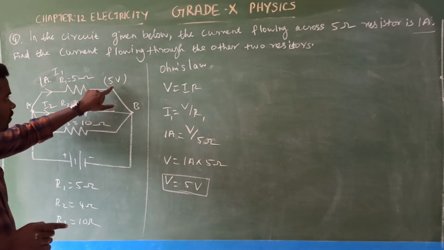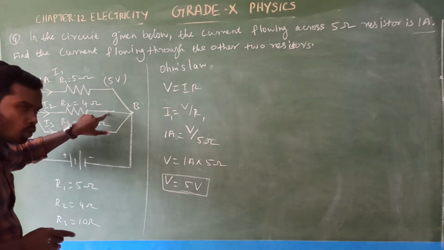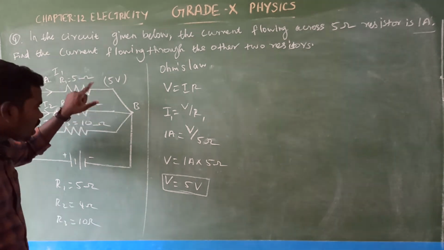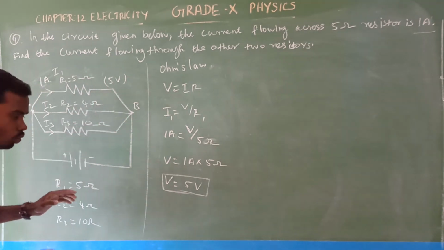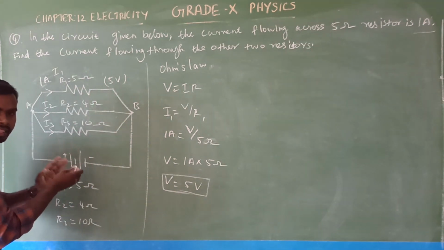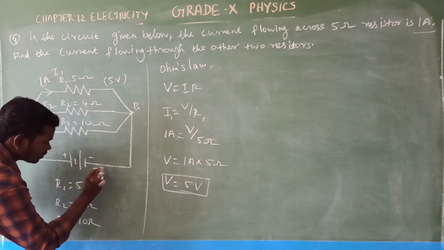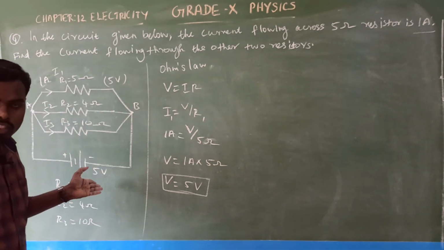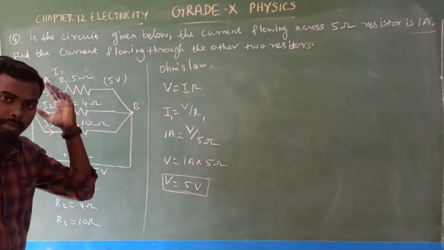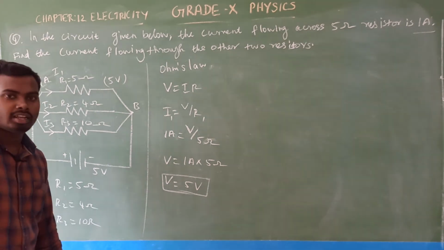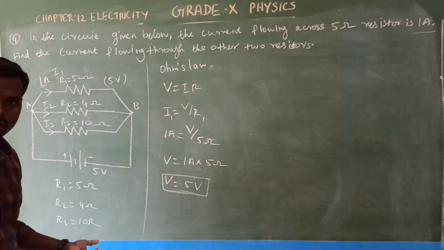If the potential difference is 5 volt across R1, then R2 also will have the same potential difference, and R3 also will have the same potential difference, equal to the potential difference supplied by the battery. So the potential difference is 5 volt, because in a parallel combination potential difference remains the same. We have calculated the potential difference.